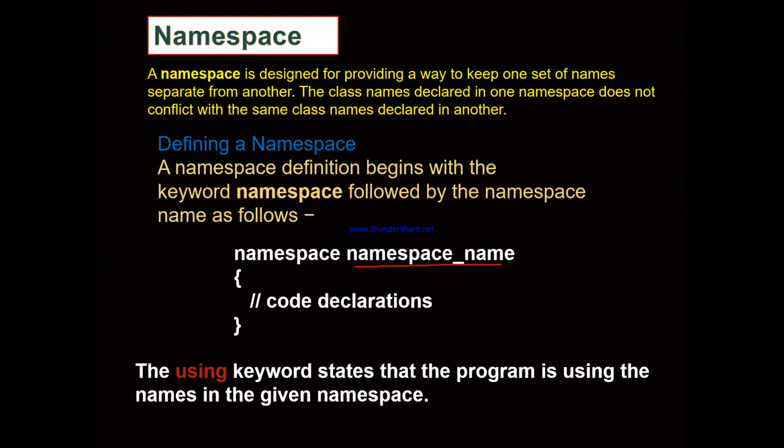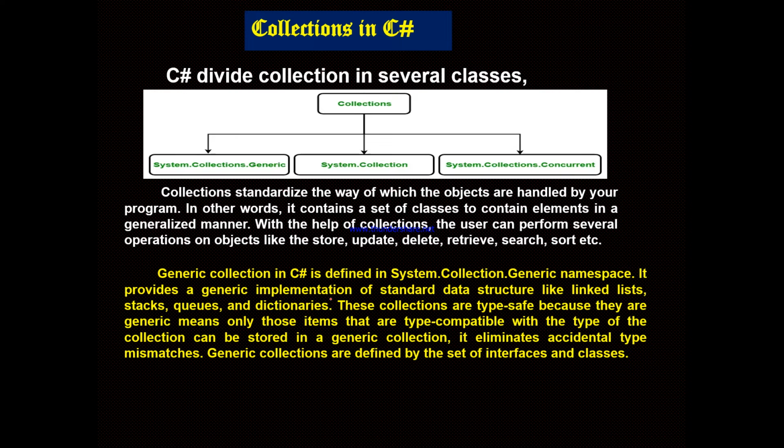And the keyword we use to use a namespace is the using keyword, like using System dot something. So this is the idea of the namespace, one of the concepts we use in C#.NET.